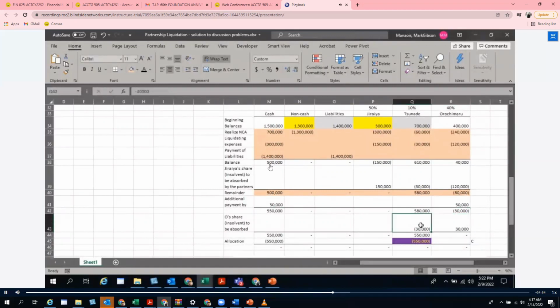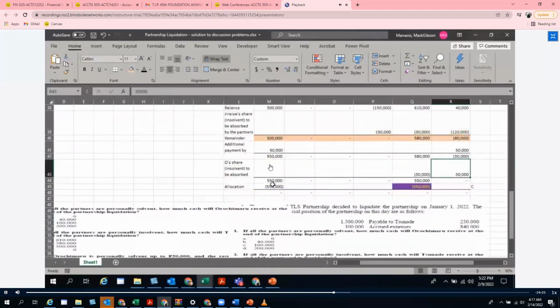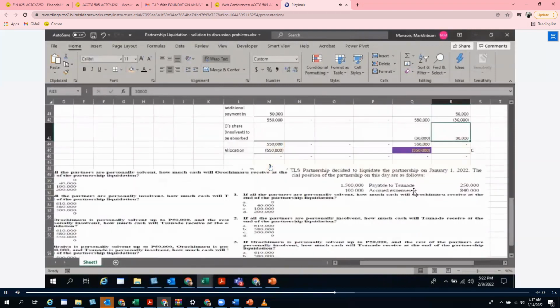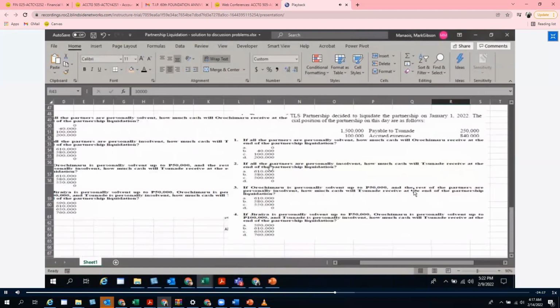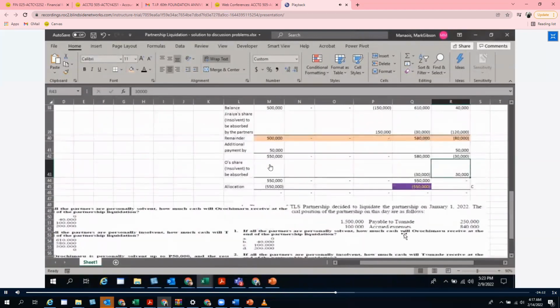So that's 30,000 debit to his account. Tapos ayun, para mag-zero out. So now, we have to allocate the remaining cash. It all goes to Tsunade. So the answer to requirement number 3, it's 550,000, letter C.